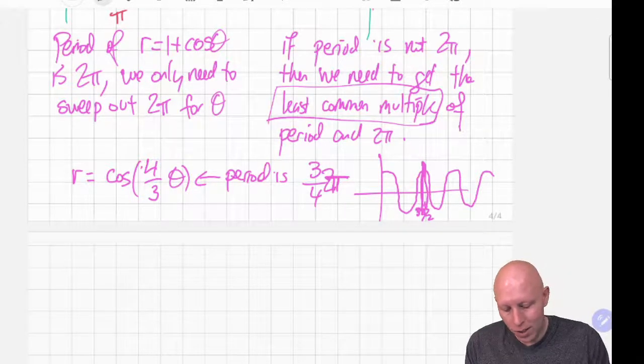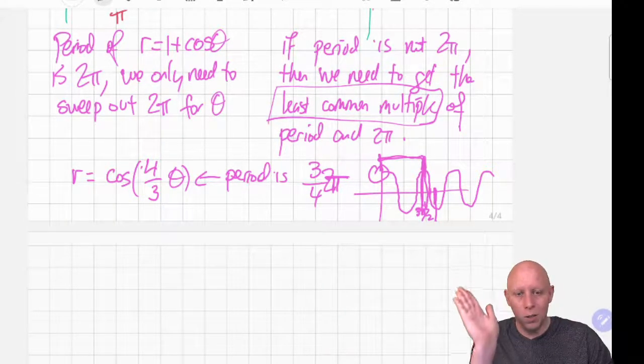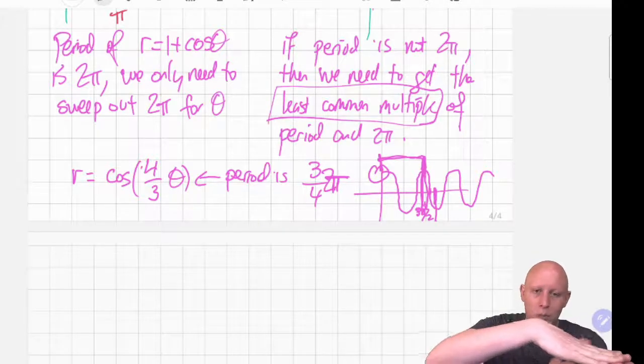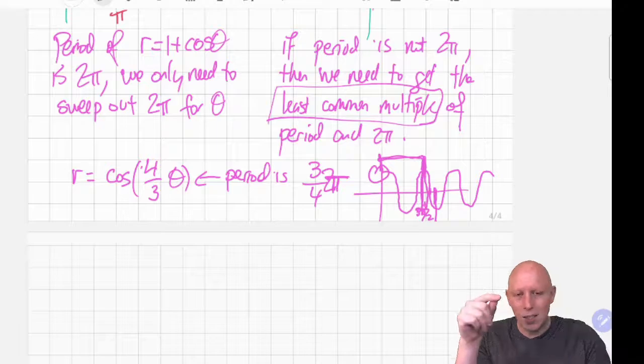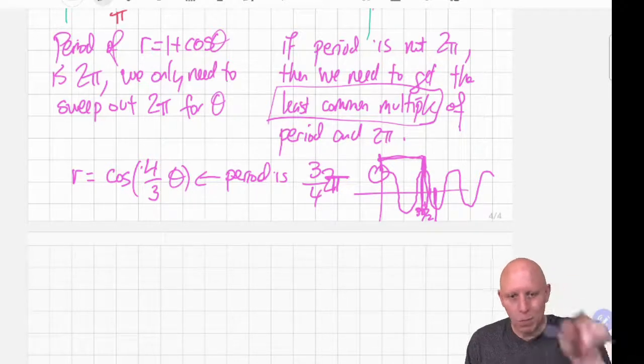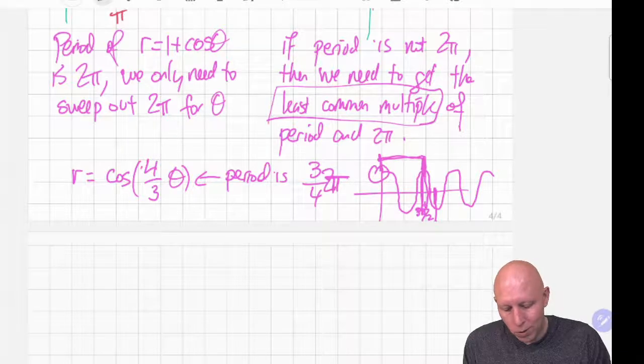Now the thing is that once we get to 3 pi over 2 and we get back to maybe the 2 pi, we're at a different place than when we started at angle 0. So the points we have to plot are at a different place, and it's not like we're going back over the same curve again and again. We need to figure out where down the line we get to this same point again.